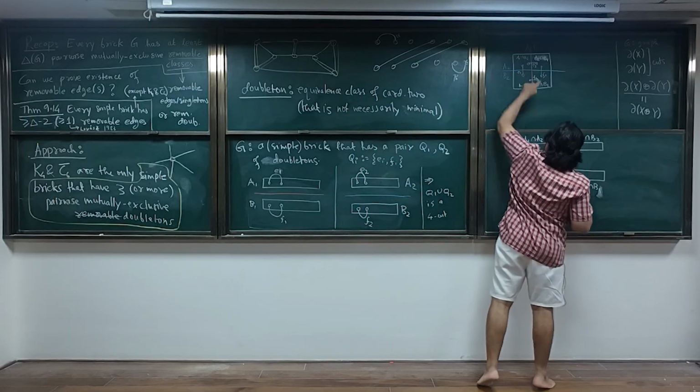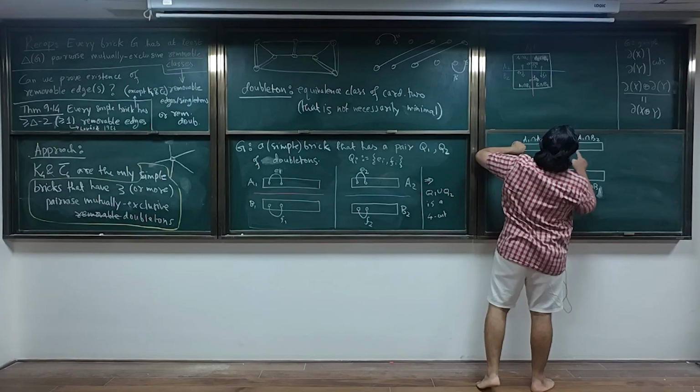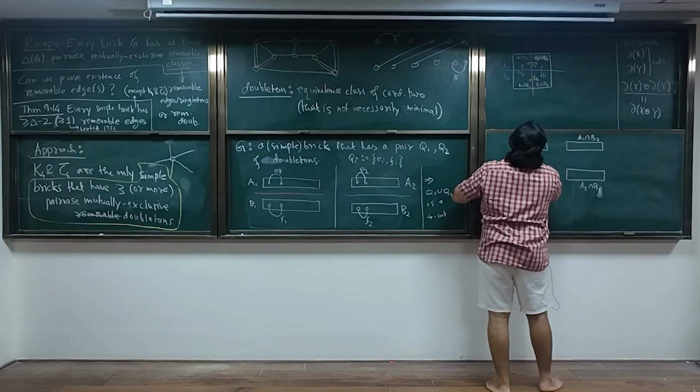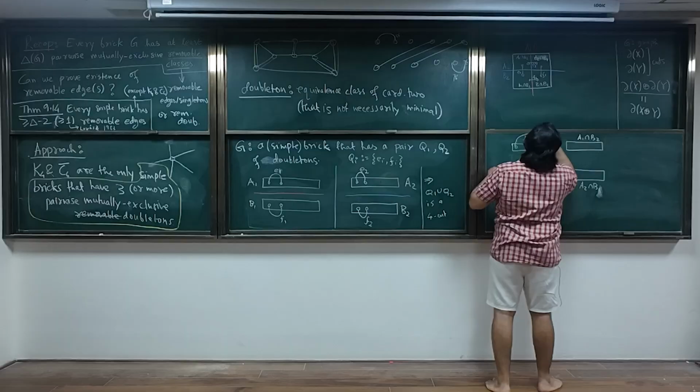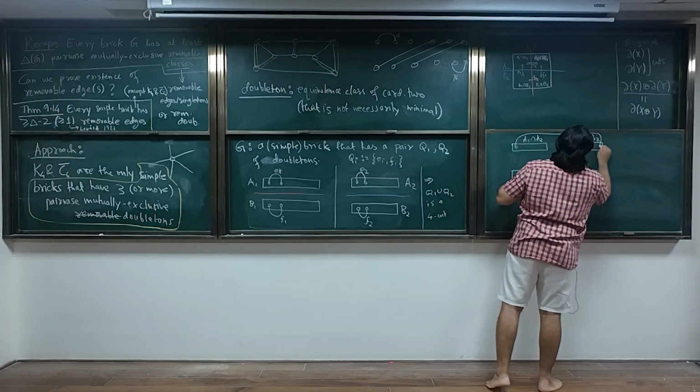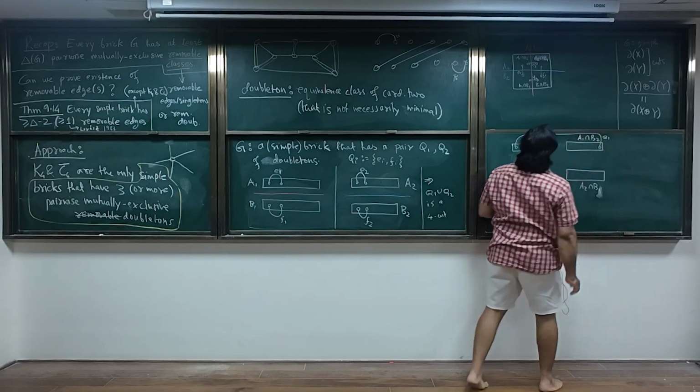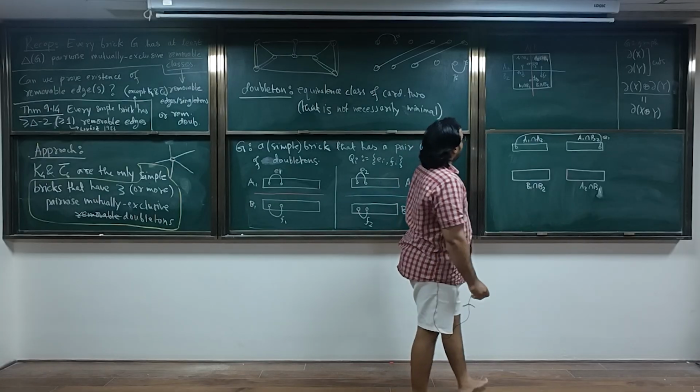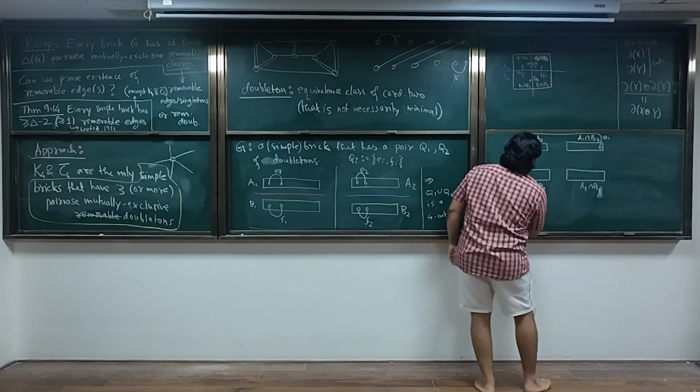E1 goes from A1 intersection A2 to A1 intersection B2. So E1 goes like this. This is E1. F1 will go like this.